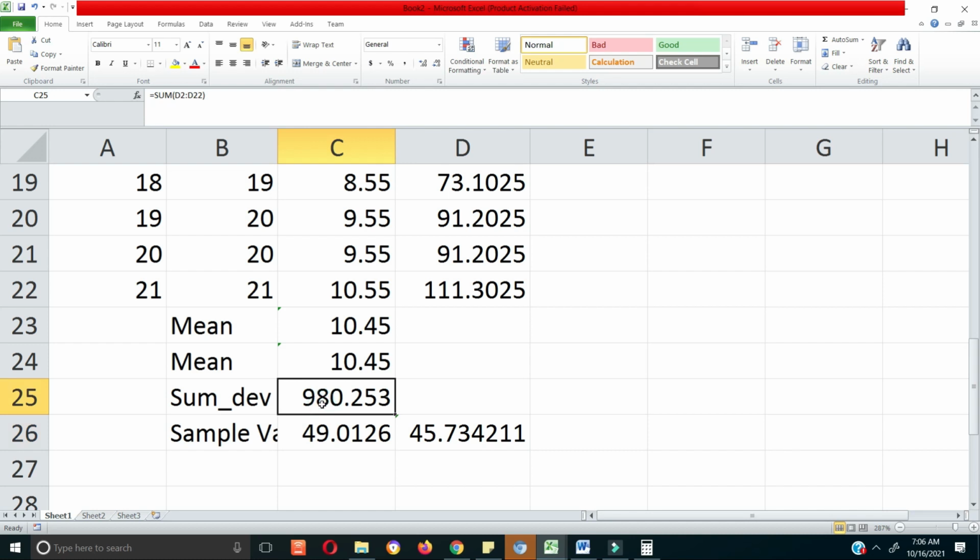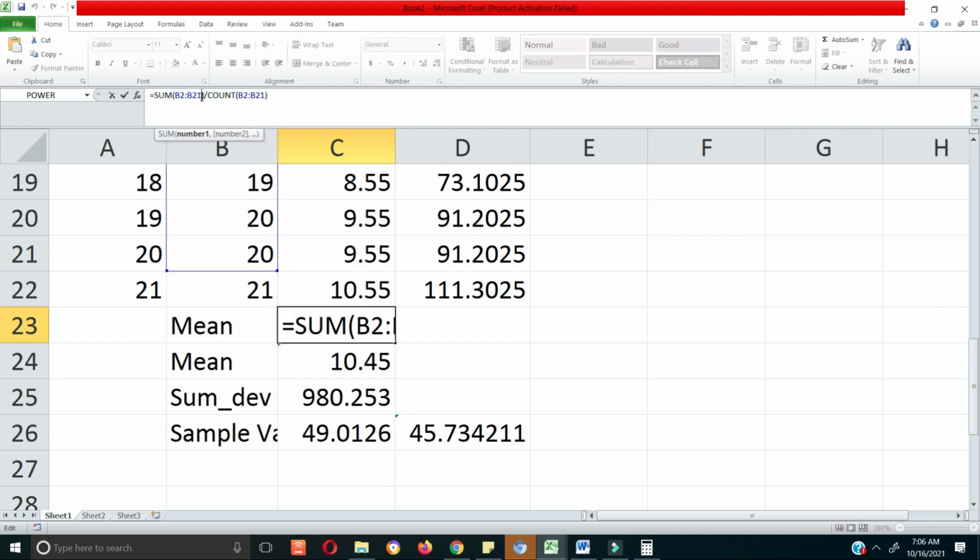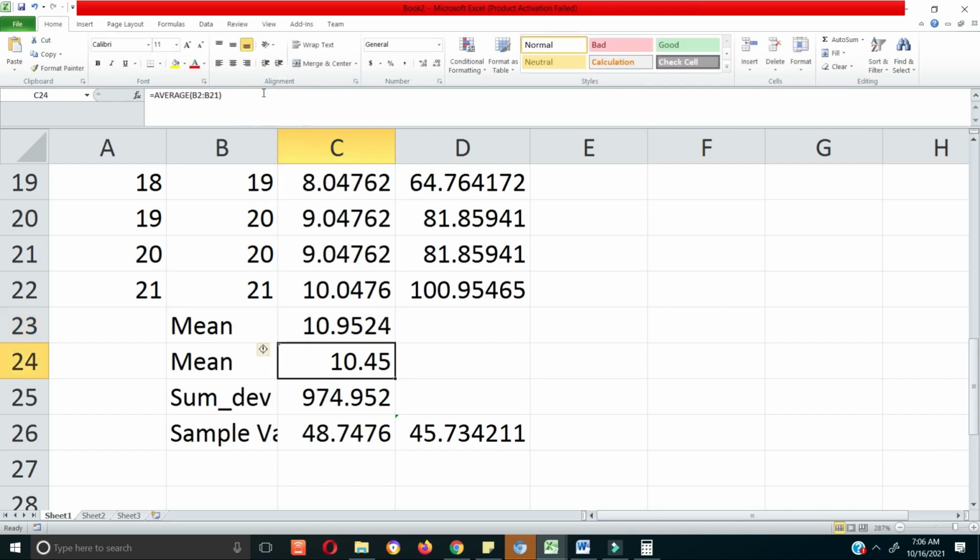C25 should be the sum of D2 to D22, and the mean should be all the way to B2 to B22.